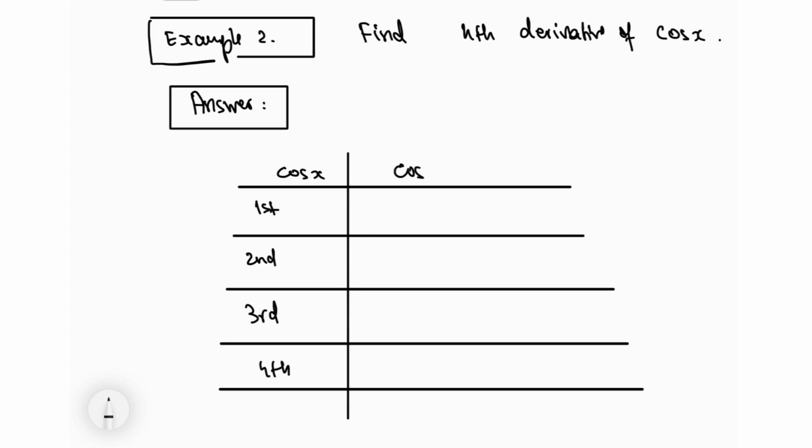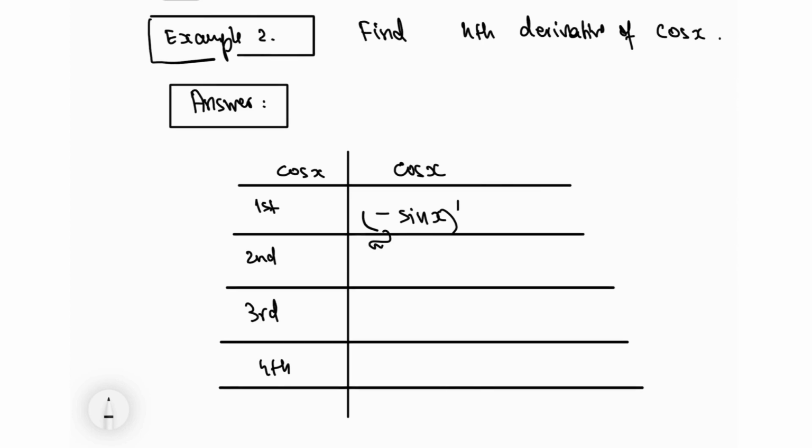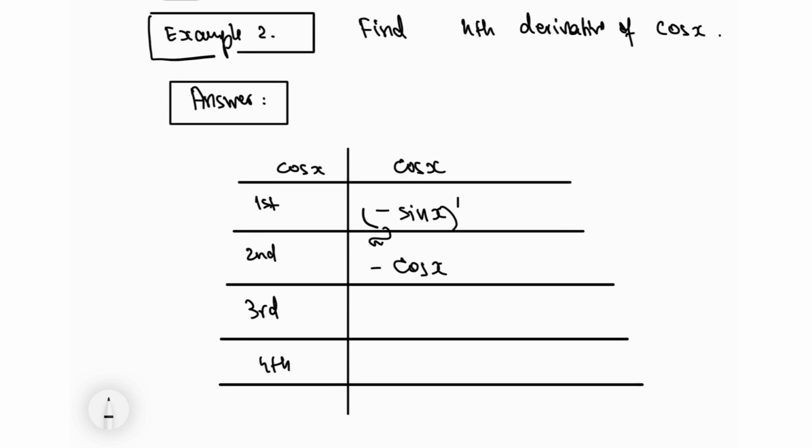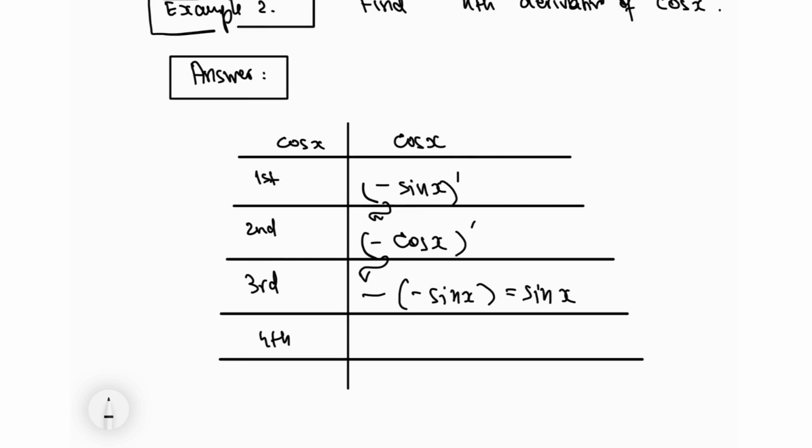We write cosine x as the function. The first derivative is minus sine x. The second derivative is the derivative of this, which is minus cosine x. Then we take the derivative, that is minus sine x, which is sine x. And then we again take the derivative, that will be cosine x.